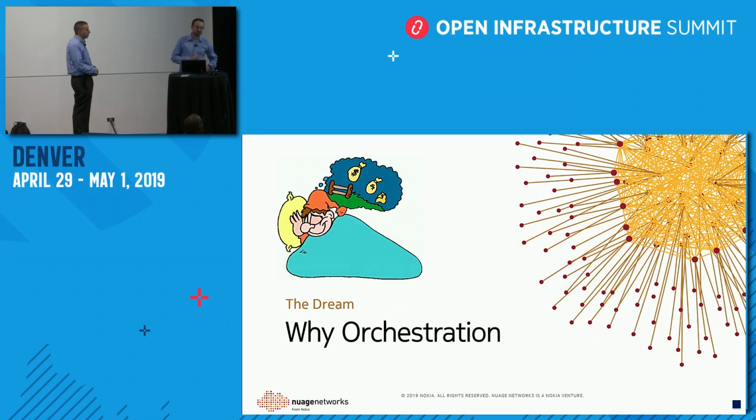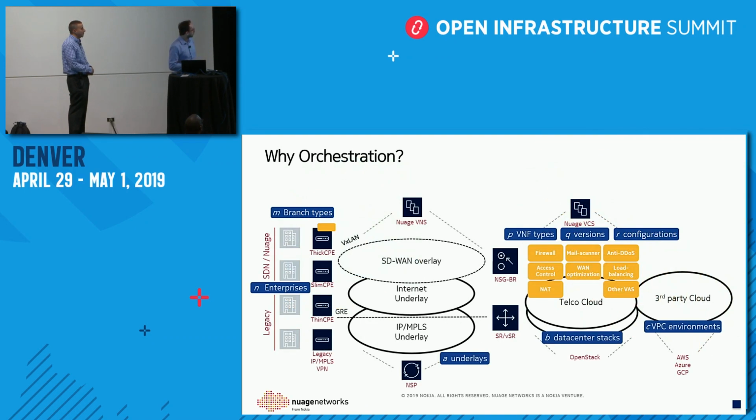So the next conversation is about why orchestration. Now, when we've expanded into this multi-cloud, we had the phrase single pane of glass. We've exposed a lot of technology and a lot of capabilities to the end user. On the left-hand side, I'm showing SD-WAN, and when we deploy an SD-WAN service, there's a lot of dynamics to it. We have different types of underlays we need to support. We have different types of branches we want to support.